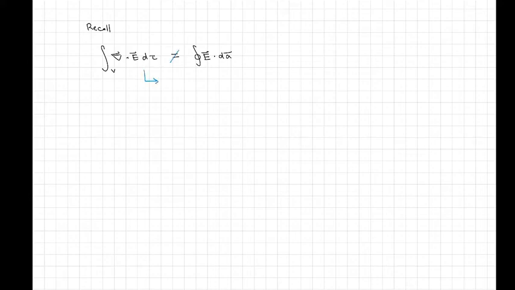In order for that to be true, this needs to be equal to the enclosed charge, which for a point charge is Q over epsilon naught. And we didn't find that. We found that it was equal to 0, which is a problem.